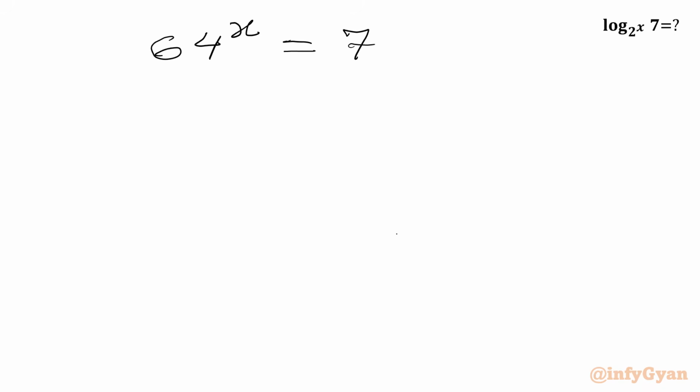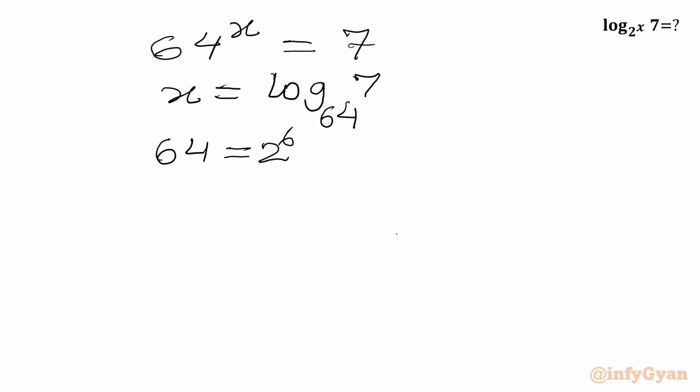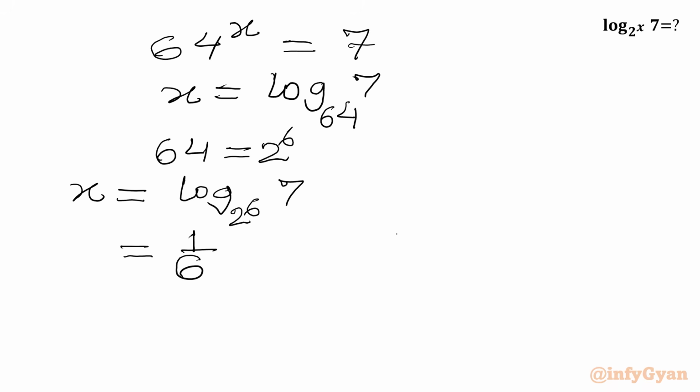Now we will convert exponent form into log form and we will get x equal to log 7 with base 64. Now we know that 64 is 2 power 6. So we can write x will be equal to log 7 with base 2 power 6. Using log property, we can write RHS equal to 1 over 6 times log 7 with base 2.